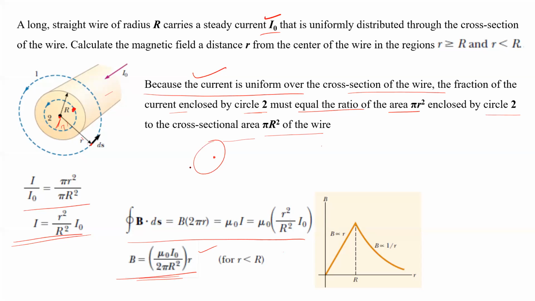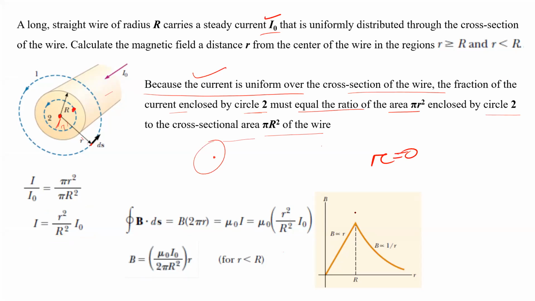What is the magnetic field produced at the center of the cross section? At the center r is equal to 0. At the center this small r, the point is also there and the center is also there, so r becomes 0. So if we put 0 here, it becomes 0. Okay, so you see this graph.